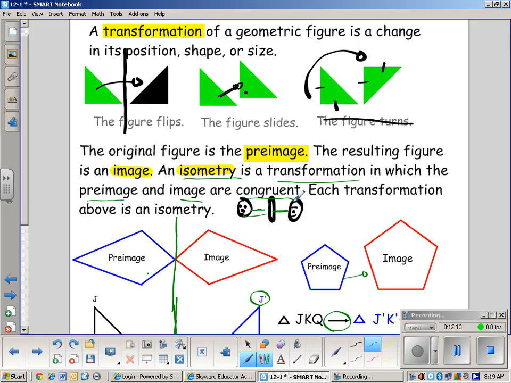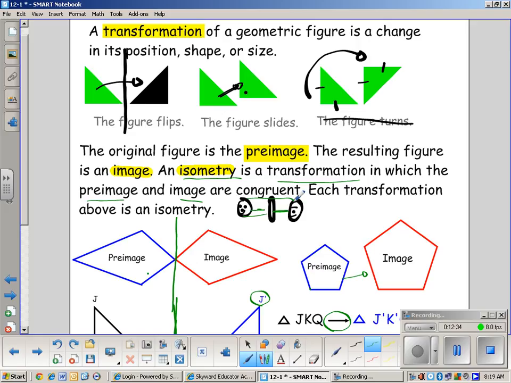I might have to rotate them around. I might have to flip them over. I might have to slide them. I might have to do a combination of those things. But ultimately, I can put one of them right on top of the other one, just like my hands.